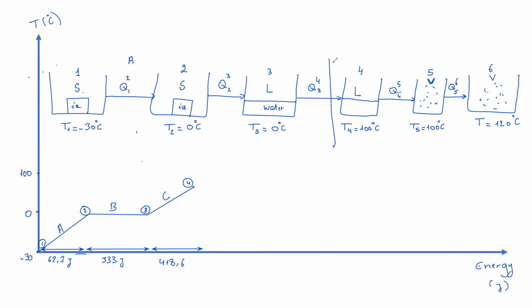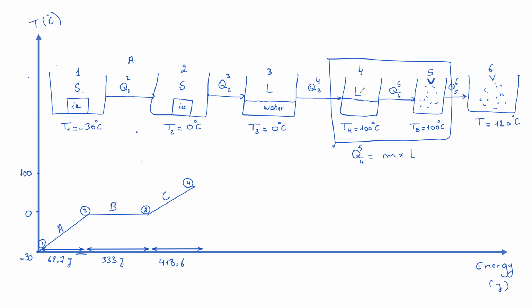From liquid to vapor, the temperature doesn't change, as I said before, because we have a phase change. So in this case, Q equals to M times L, 4 to 5.